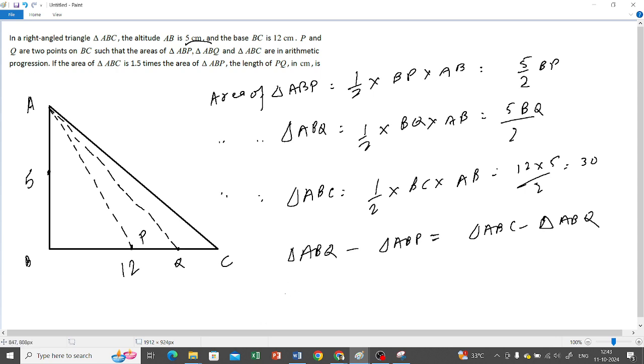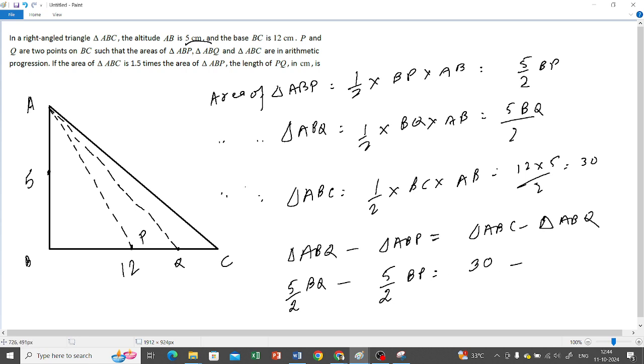So what is ABQ? ABQ is 5 by 2 BQ. And ABP is 5 by 2 BP. What is ABC? 30. But here it is also given that triangle ABC is 1.5 times the area of triangle ABP.